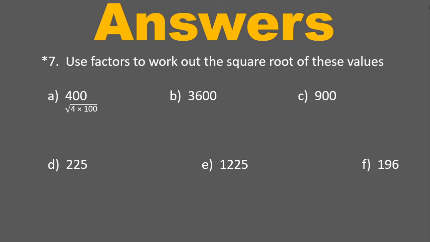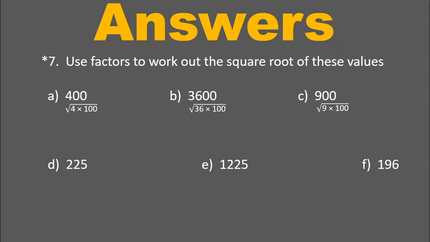Same thing for 3,600. You should notice that that's the same thing as 36 times 100. So try square rooting 36 and square rooting 100. Same thing with 900. Try square rooting 9 and square rooting 100. Hit pause if you need a chance to do that for yourself.